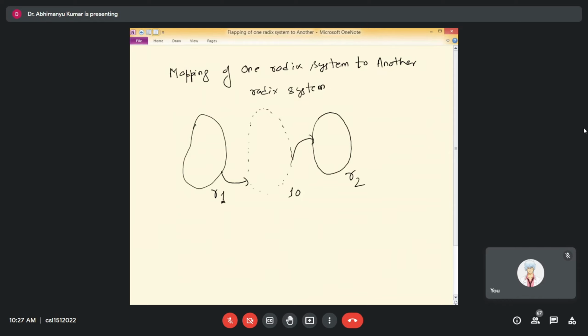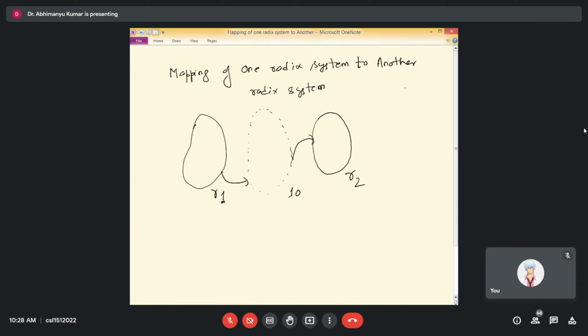Once you get the decimal equivalent, we can convert it into some different radix system, that is R2, right? This holds for all cases, not restricted to only decimal, binary or hexa, but any radix system, could be other than hexa, octal, binary. Suppose the radix 5 system.